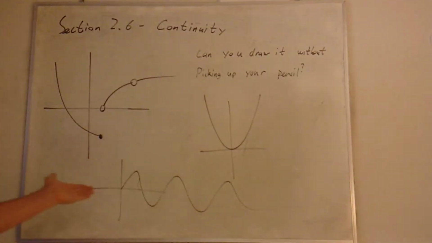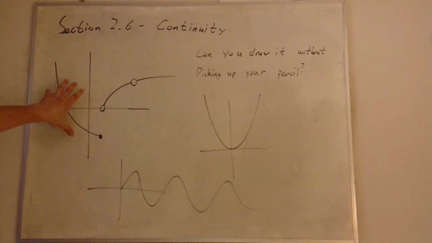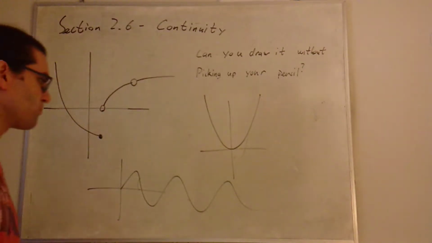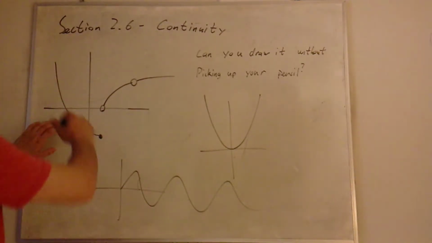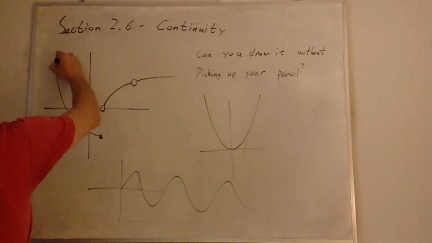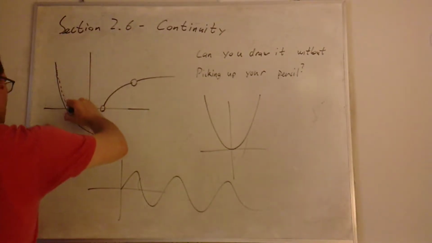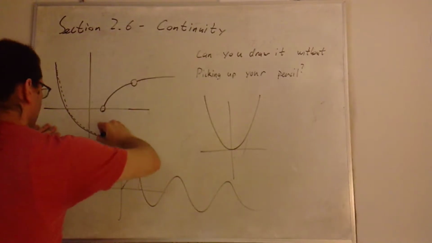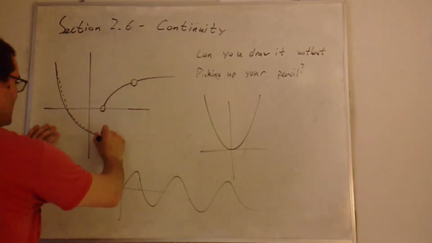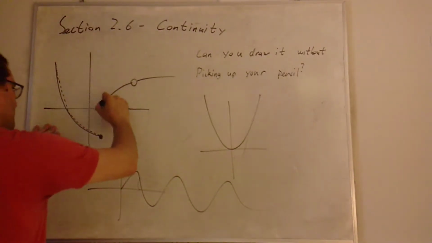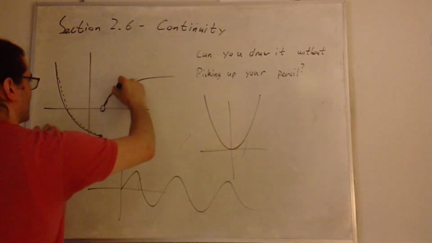Sine waves are continuous. This thing I have right here, this is not something that you can draw without picking up your pencil. If you were going to trace this or draw this for the first time, you could draw this chunk without picking up your pencil, and then you would have to stop, and you'd have to pick your pencil up off the paper, put it back down over here, start drawing again.